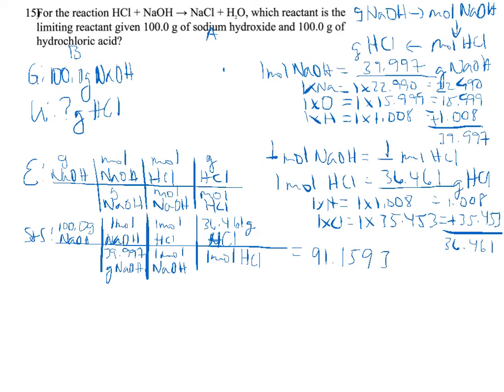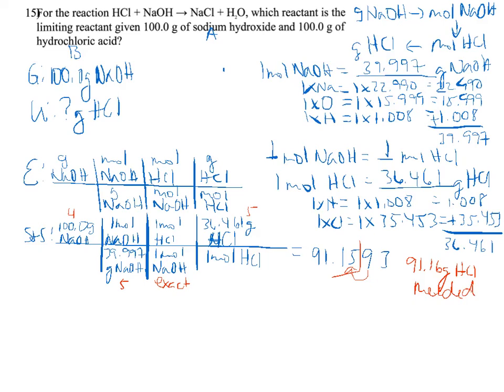And then the last step is to do your significant digits. So our given has 4, the mass has 5, mole to mole ratios are exact, and this number has 5, so we need to take our answer to 4. The 9 rounds the 5 up. This becomes 91.16 grams of HCl. This is what is needed.